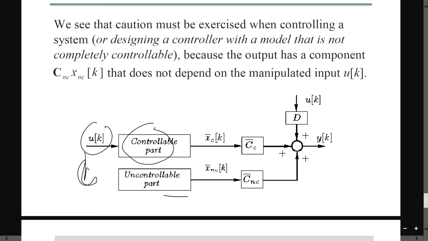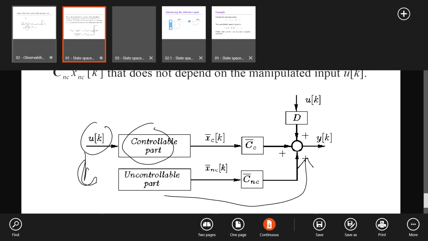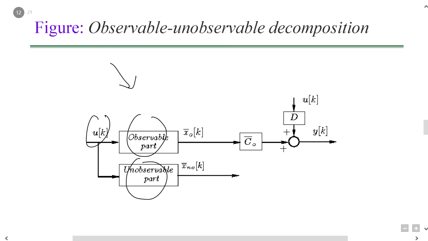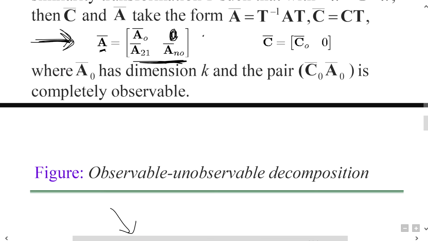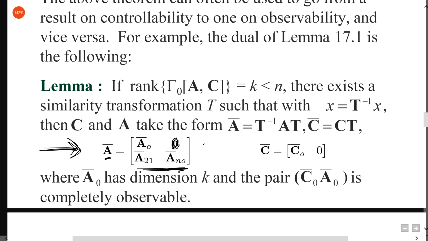However, the uncontrollable part contributes to your overall output. But for your observable one, the unobservable part doesn't contribute to your output. So normally we want the unobservable to be observable so that we can better model our system.